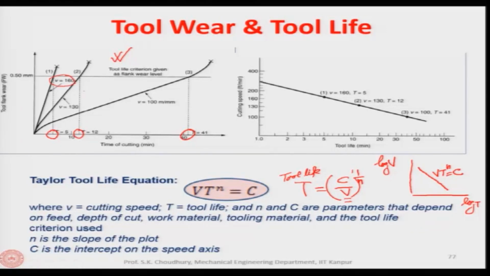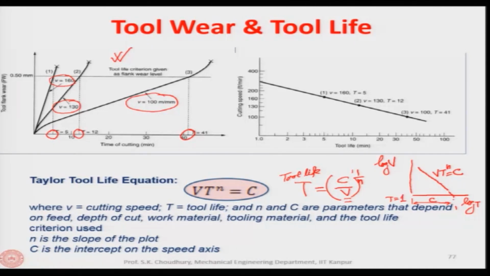For 100, for example, it is this, for 130 it is this value and so on. These values are put in the log scale and then we get this. If you extend this curve, wherever it intersects will give you the value of c, because here t is equal to 1. So, this value here will be c.